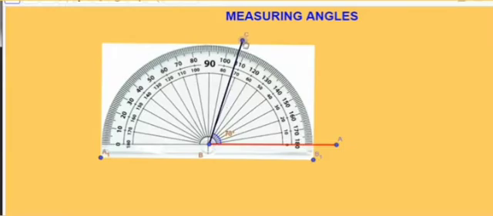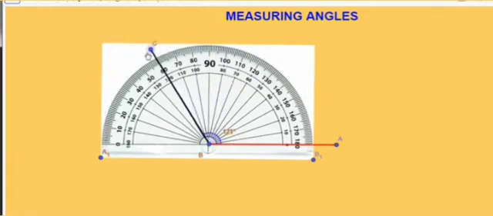Then when I draw another angle this way, okay, 70 and 110 are there, but don't write it as 110 because we are taking the inner scale, because we are taking the measurement along with the line segment. Okay, so start from 0. The degree is 70 degree.